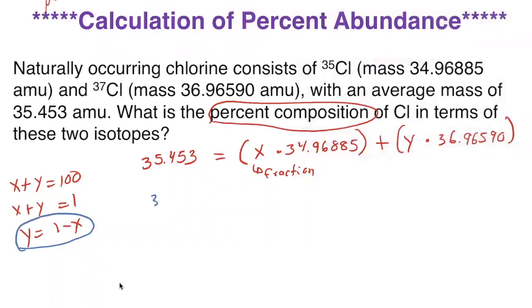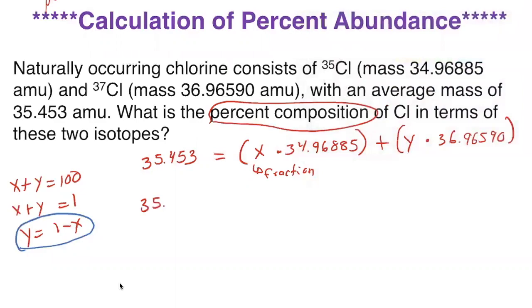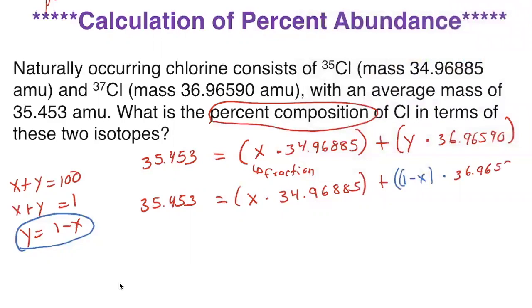So you're going to have 35.453 equals X times 34.96885 plus, and then I'm going to substitute that Y with 1 minus X, put it in parentheses, times 36.96590.